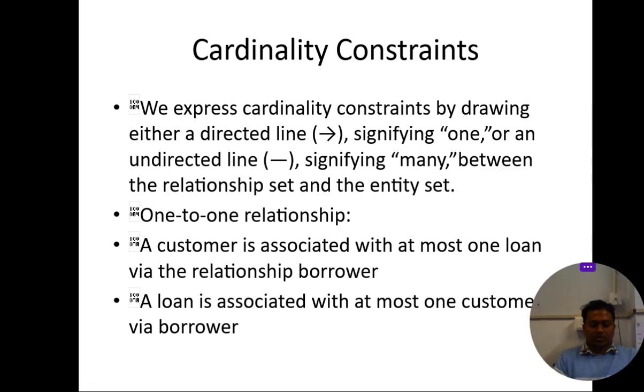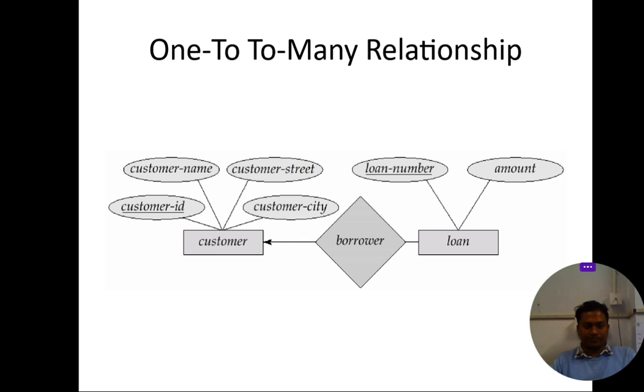The cardinality constraints. We express cardinality constraints by drawing either a directed line signifying one, or an undirected line signifying many, between the relationship set and the entity set. This is the one-to-one relationship.